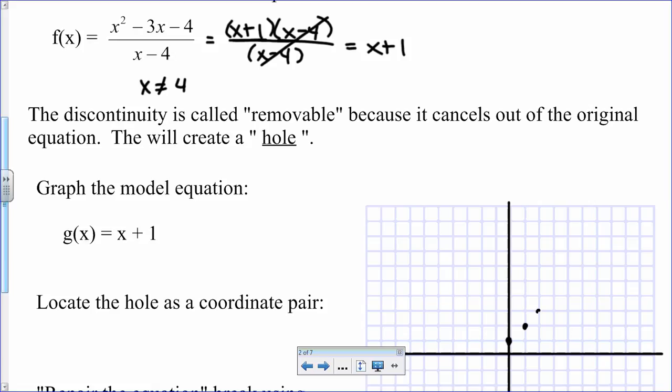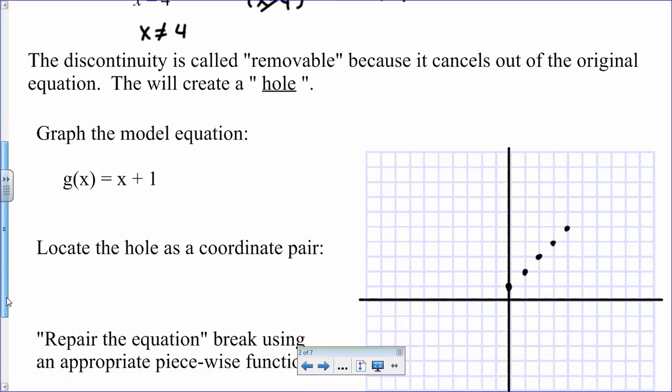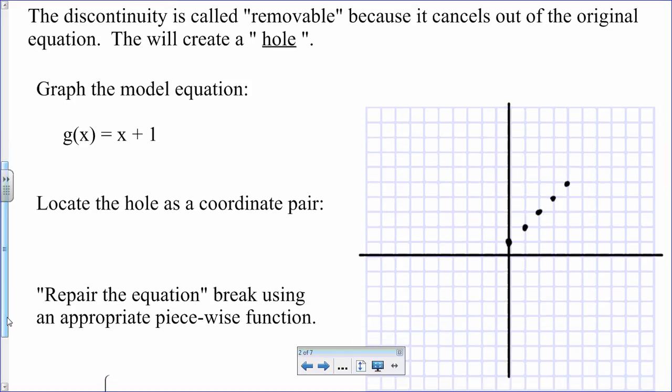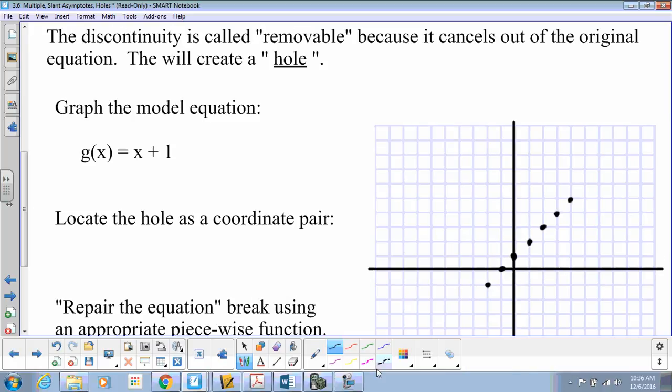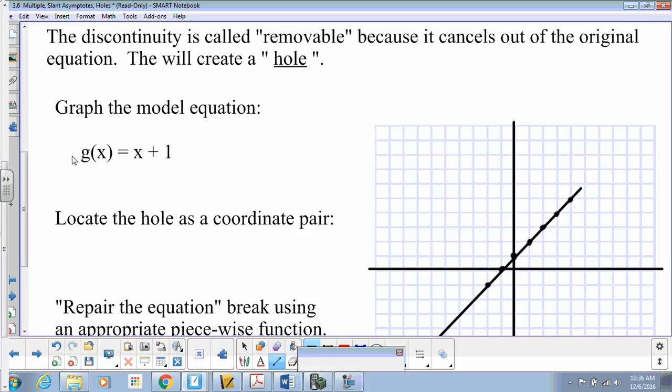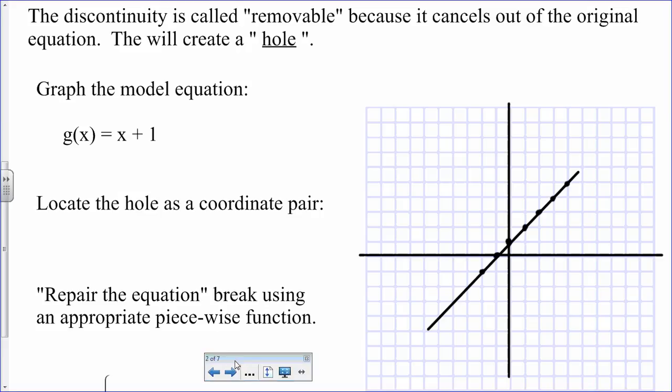So up 1, right 1. So I'm just going to graph this line, and then I'll put the hole in after I graph the line. So you can go up 1, right 1, or down 1, left 1. So make sure you do graph this all the way through.